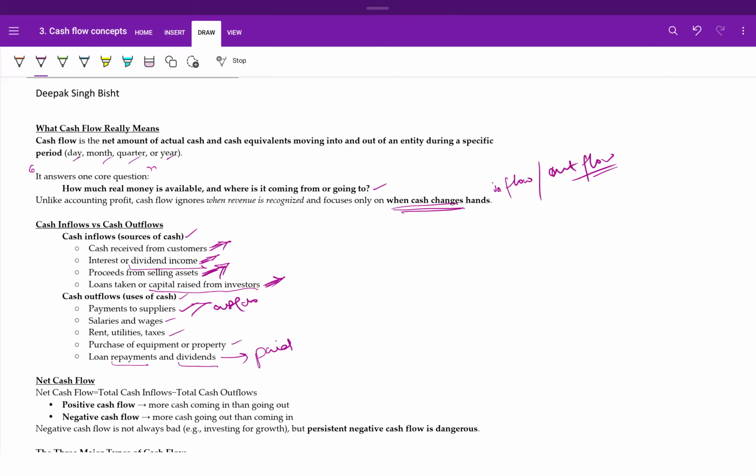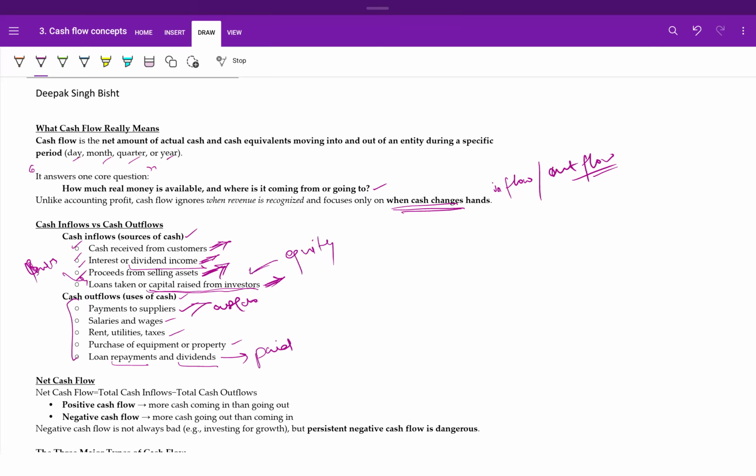When we are talking about capital raised from investors, this is equity investment which we have raised, or loans taken from banks mainly. All of these elements represent cash inflows, and all the line items listed here represent cash outflows: payments, salaries and wages, rent, utilities, taxes, purchase of property and equipment, loan repayments.